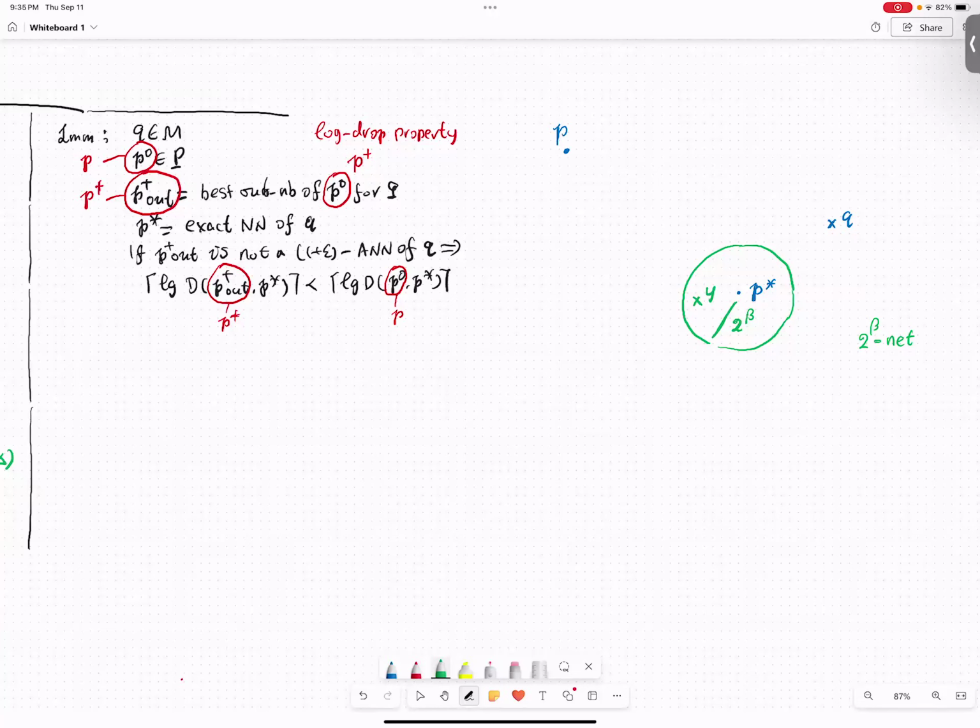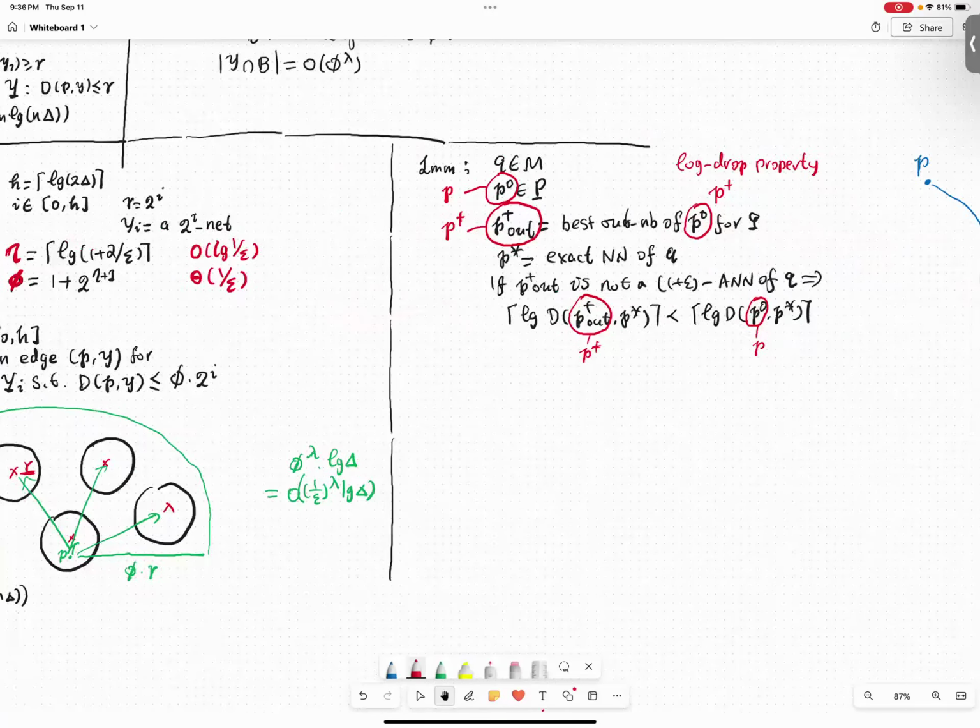You want to choose this beta in such a way to make sure that this y, which is inside the green circle, is definitely an out neighbor of P. Basically, this means the distance has to be less than or equal to phi times 2 to the power of beta. This phi is set here.